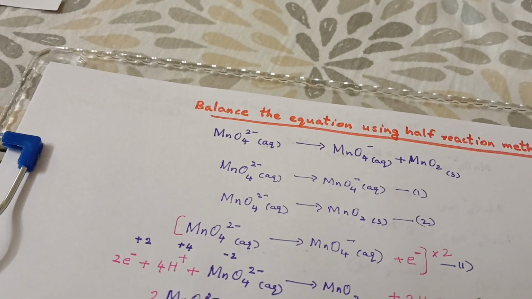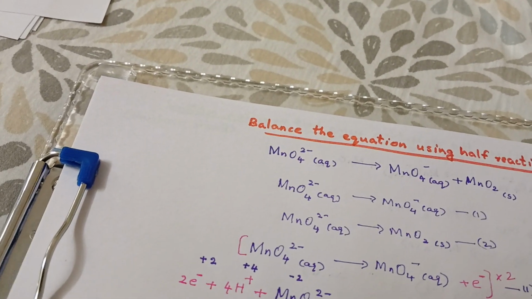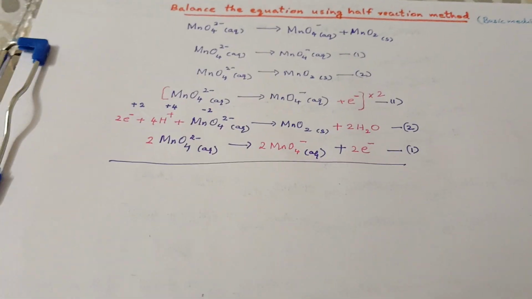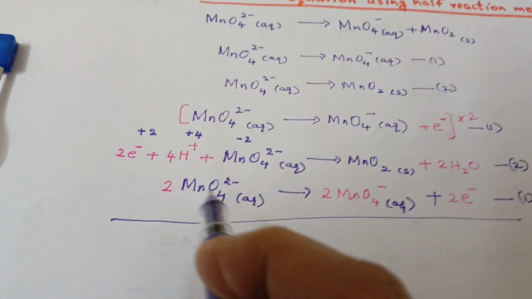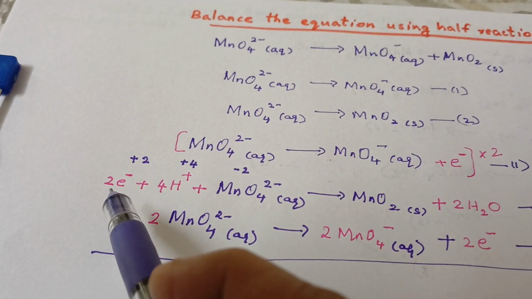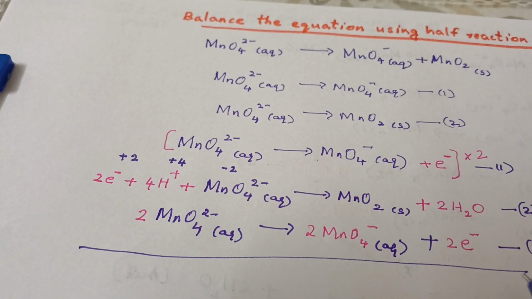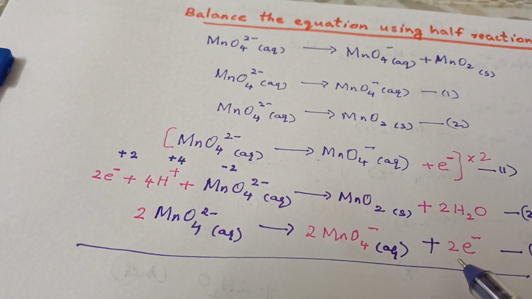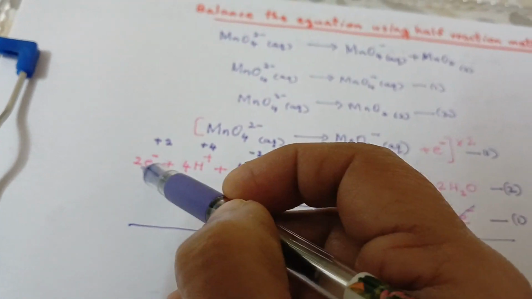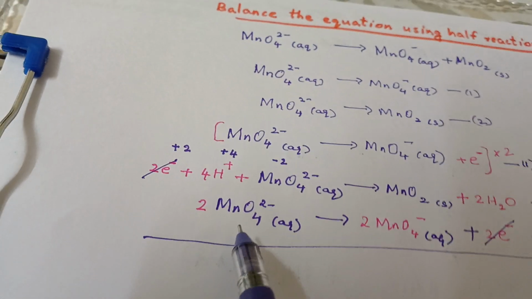Now we need to add these two together. Before adding, we can see 2 electrons on the left hand side and 2 electrons on the right hand side. We can cancel them out. So the electrons are gone.